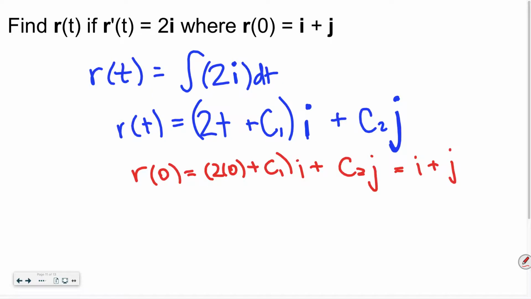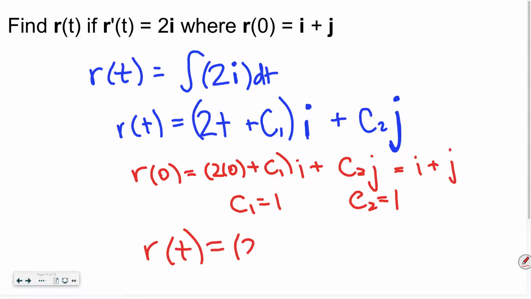Okay, so we would need 2 times 0 plus C1 to equal 1, and we would need C2 to equal 1. So our vector valued function r would be the quantity 2t plus 1, i, plus 1, j.